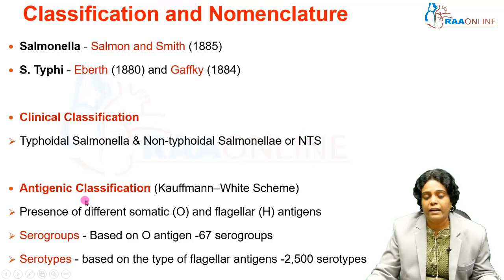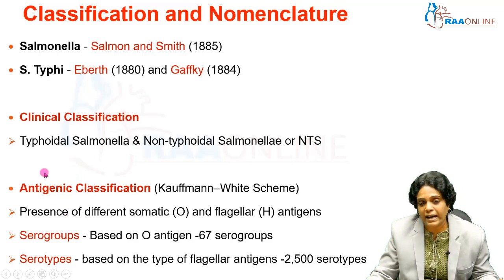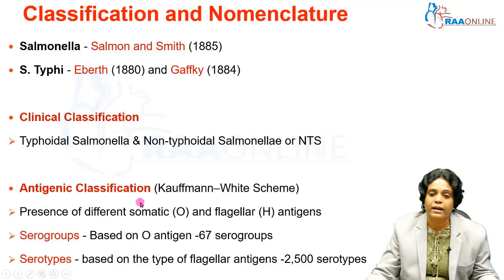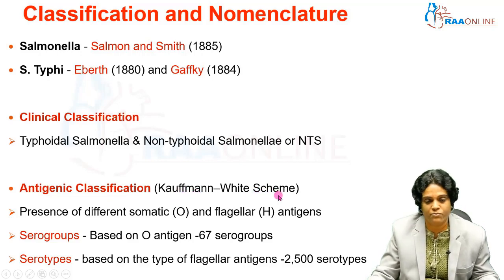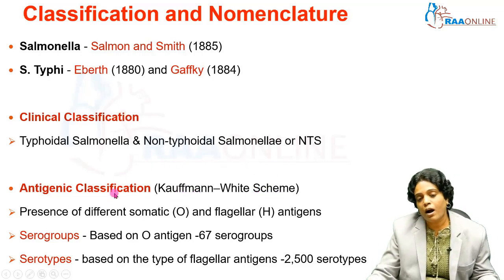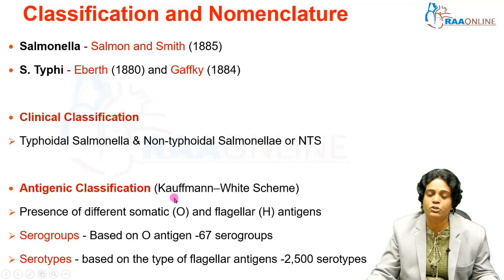Coming to the antigenic classification, the common one is the Kauffmann-White scheme. It is based on differences in the somatic antigen, the O antigen, and the flagellar antigen, which we call the H antigen.